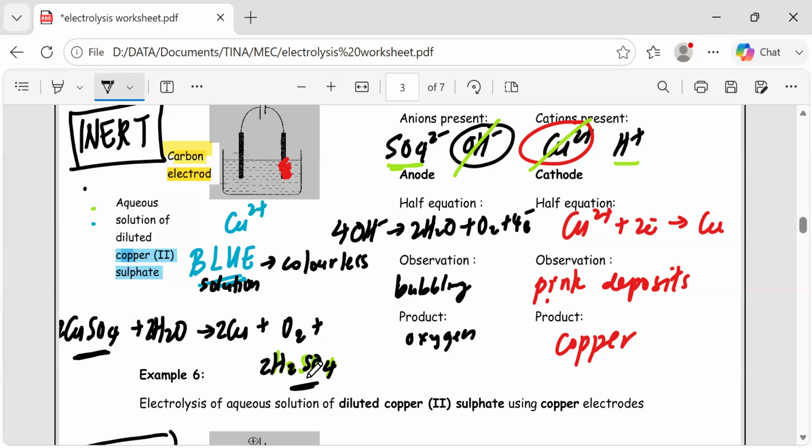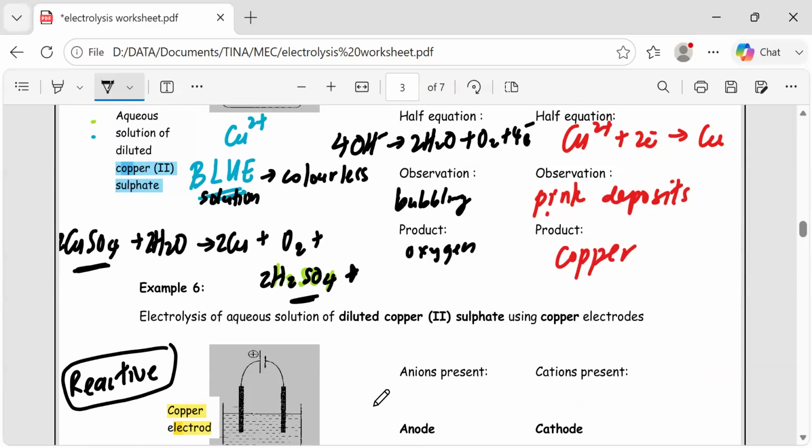Can you understand? No, because you don't know it's copper. Observation is what you see. Get it now? So the copper sulfate turns from blue to colorless, because sulfuric acid is colorless. So this is an observation that will be different from the one below. Okay, so you understand this concept?